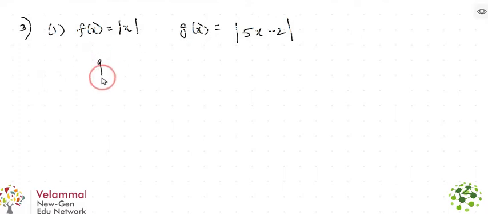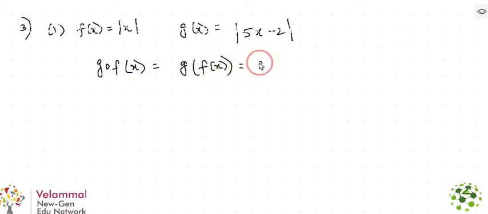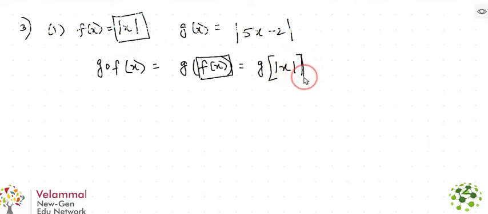I am supposed to calculate g composition f of x. So g composition f of x is g of f of x. This is g of, what is f of x? f of x is nothing but modulus of x. So g of modulus of x.